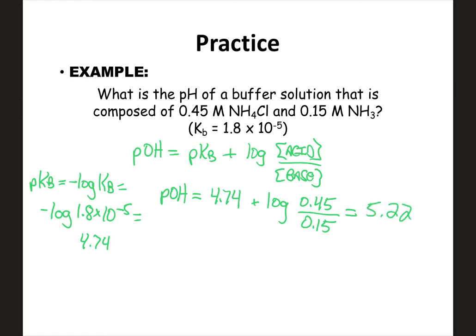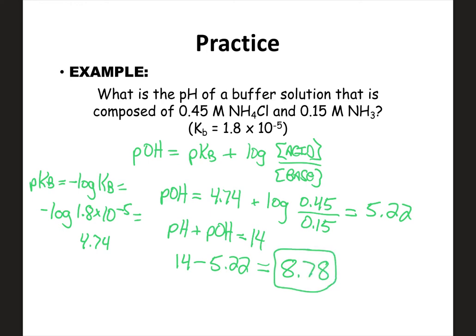Before you get all excited and circle this and think this is your pH, remember this was a pOH. So we have to do pH plus pOH equals 14. 14 minus the 5.22 is going to give me 8.78 here. And this makes more sense for the pH.